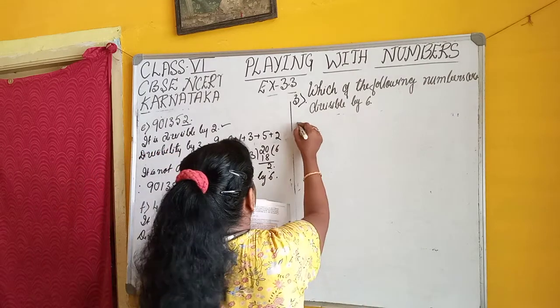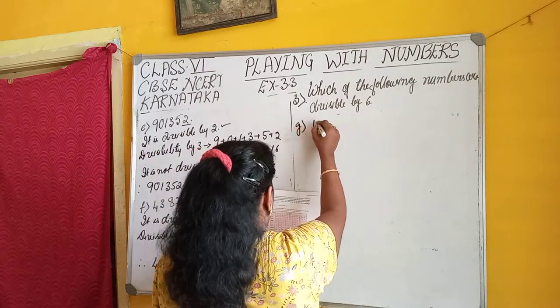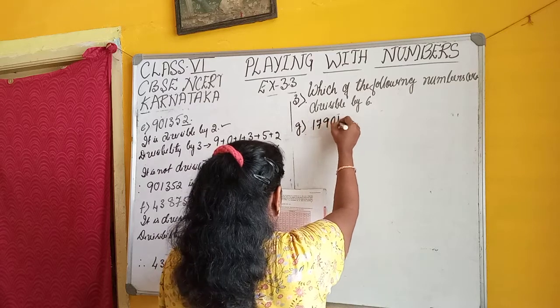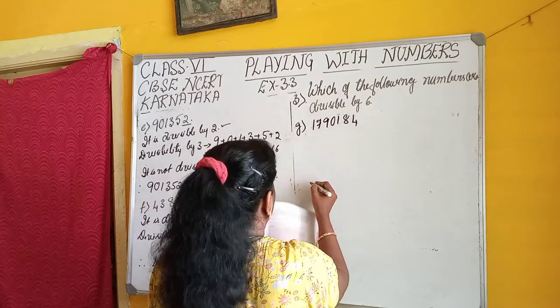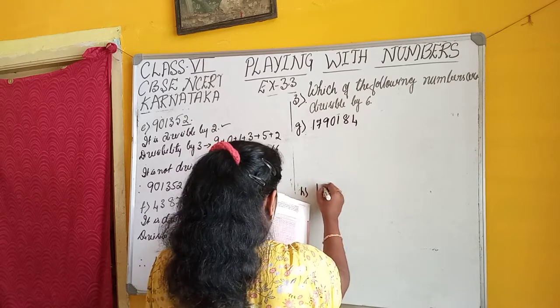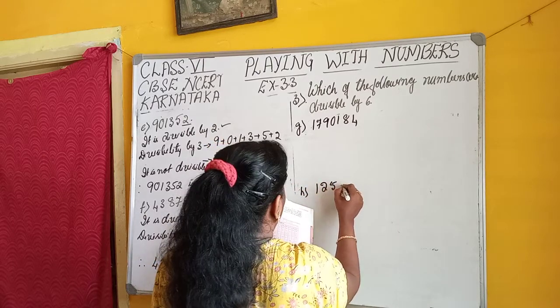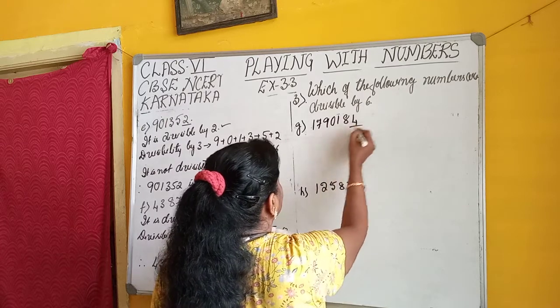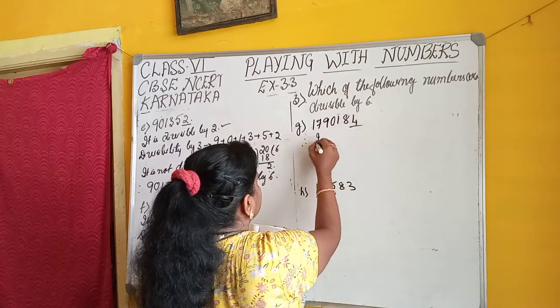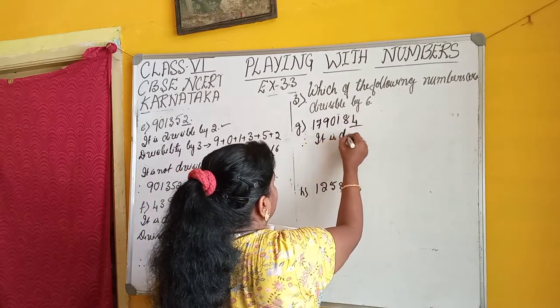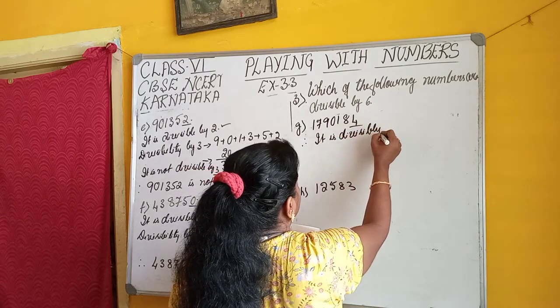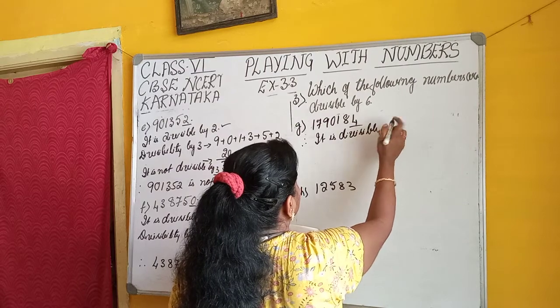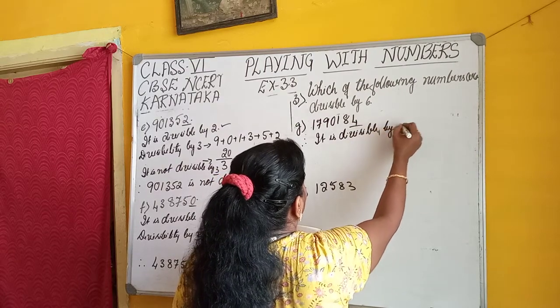Yes. 1790184 and then 12583. Here it ends with 4, therefore it is divisible by 2.